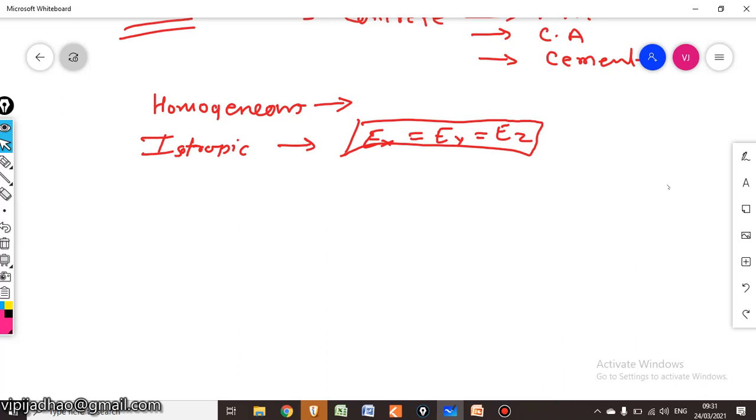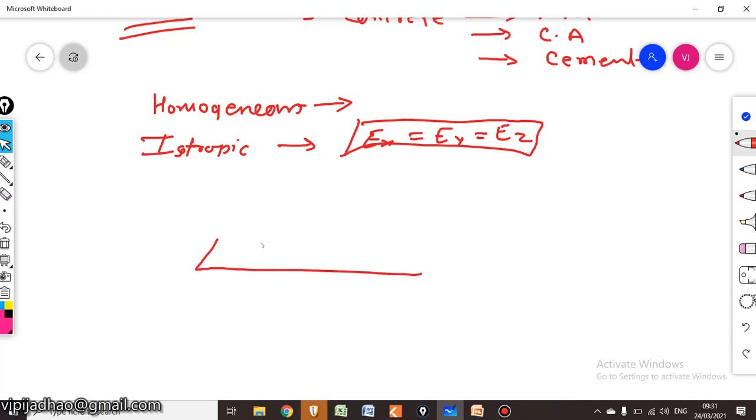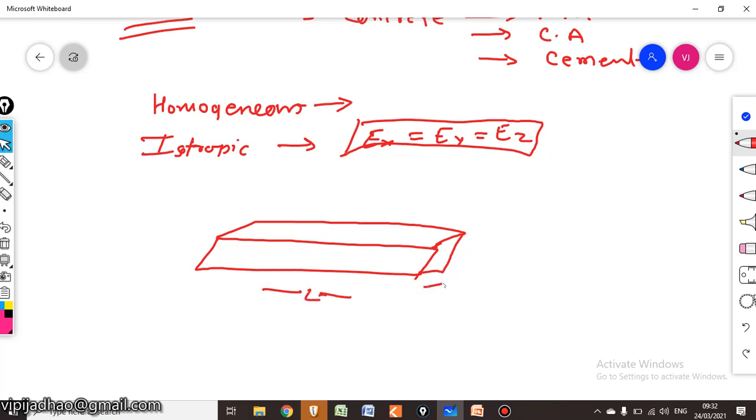Then regarding the type of element, while modeling, let us consider we have a beam. This particular beam will be a three-dimensional structure. It will have some length, some width, and some depth.